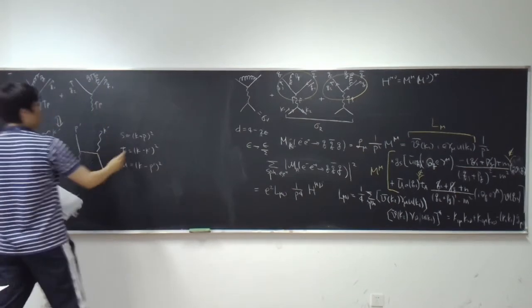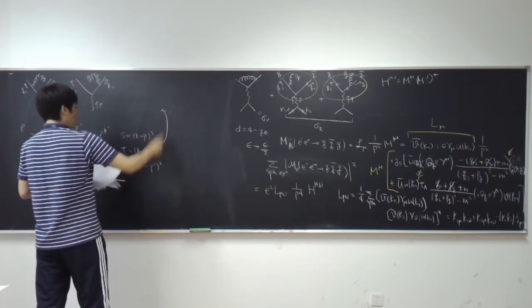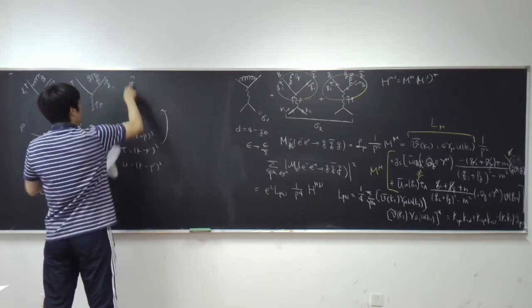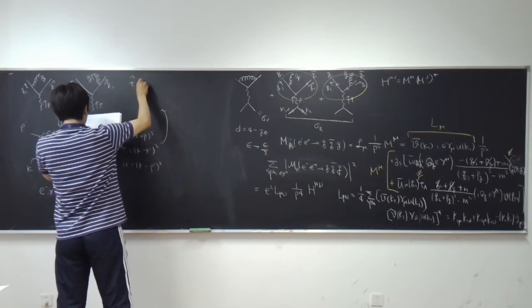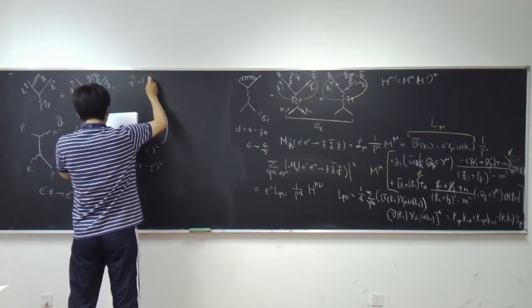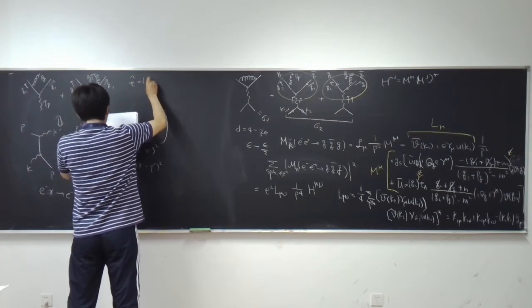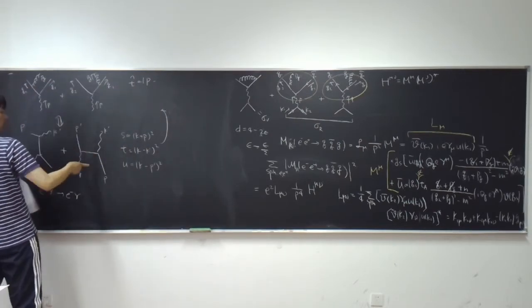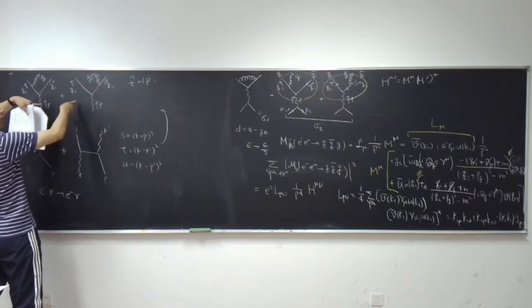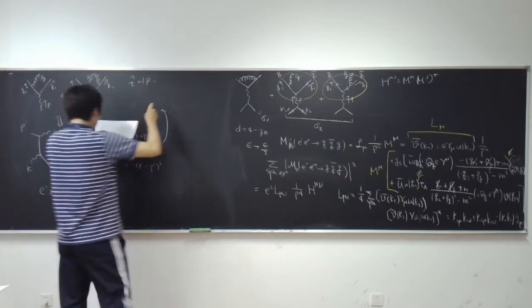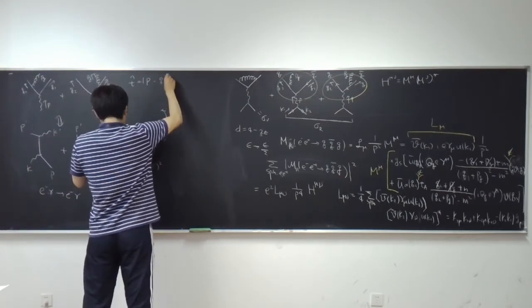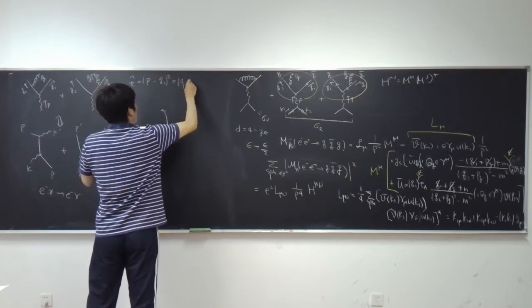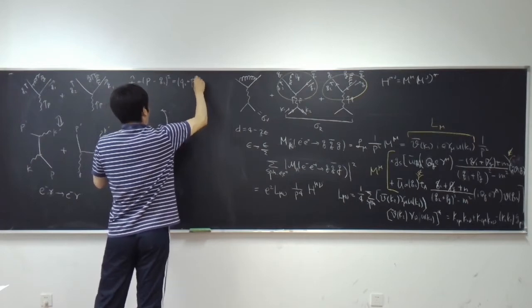When you go to this process, S becomes T hat, which is (P minus Q1) square, equal to (Q2 plus PG) square.